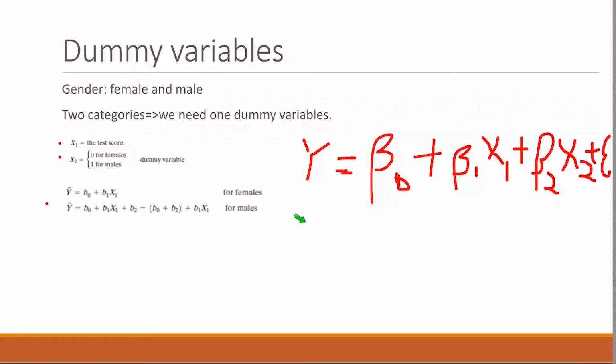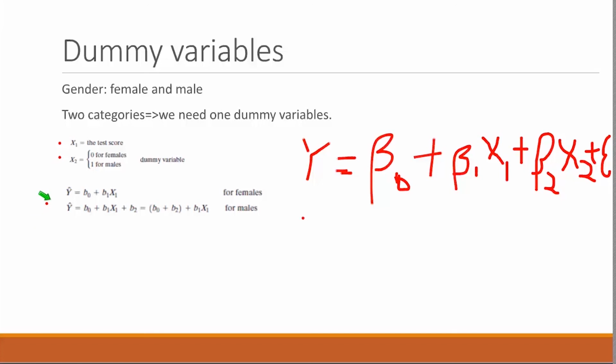So when we have 2 x variables, right, if we want to fit in a multiple linear regression, this should be the model we're looking at. 2 x variables, beta 1 and beta 2 associated with each of the x variable. Now, since x2 is a dummy variable, taking only values of 1 and 0, we can further modify this model into 2 regression lines, 1 for the female, 1 for the male.